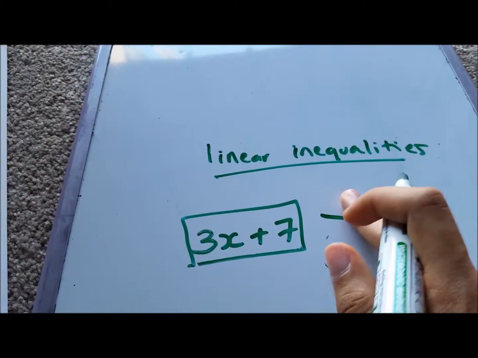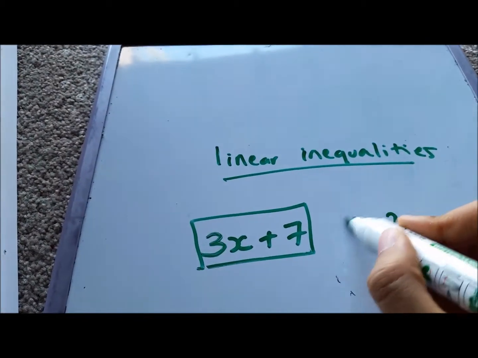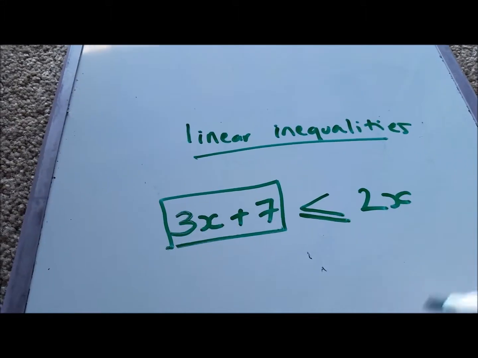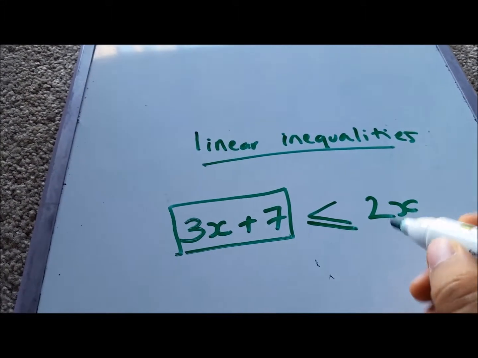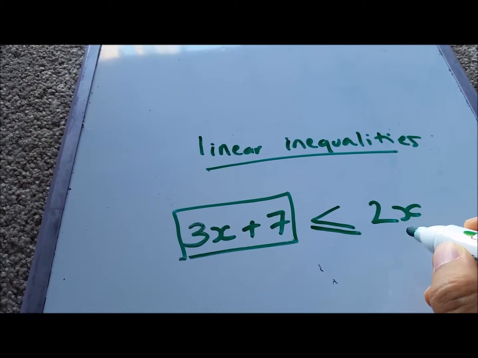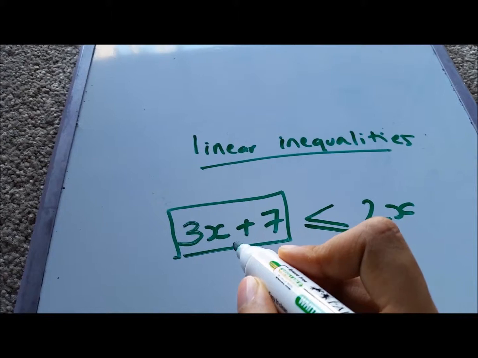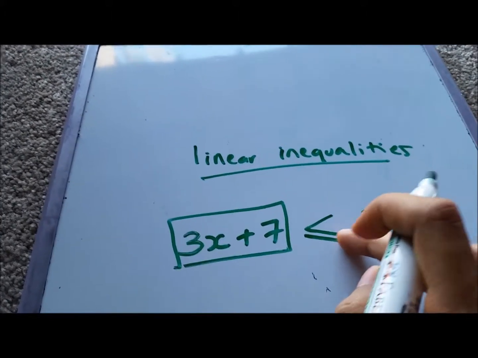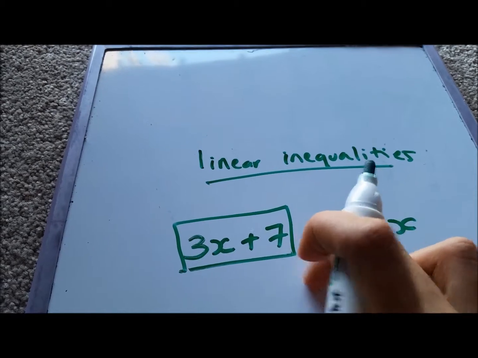What if we changed the symbol? What if we turned it around to make it face the other way? This would mean the exact opposite. This would mean that 2x's value is greater than or equal to the value of 3x plus 7. What if we remove this little line?